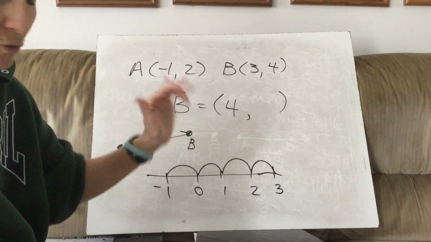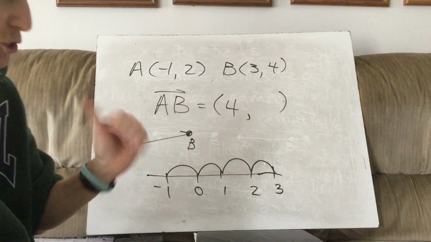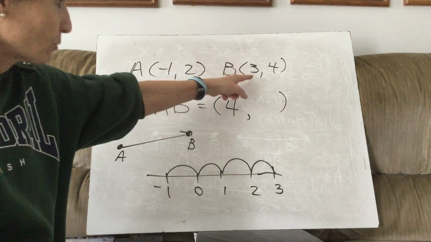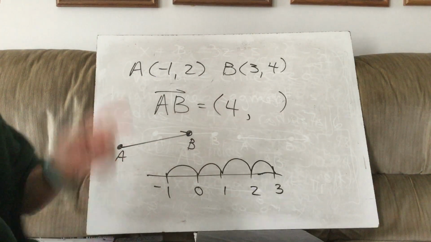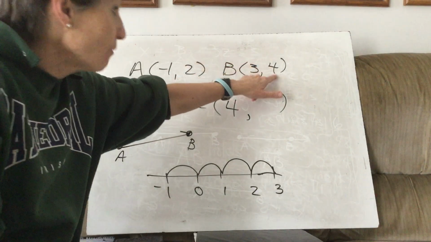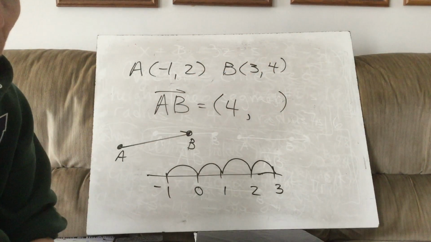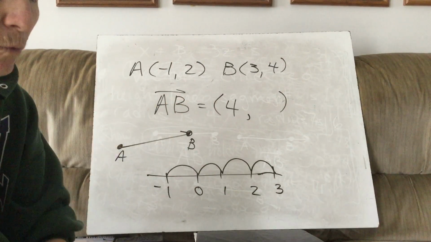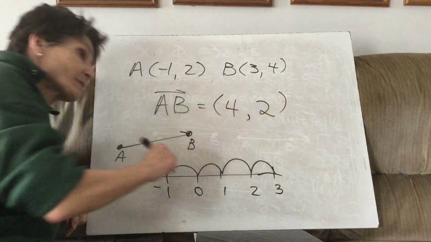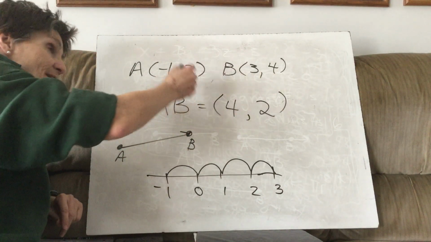Some of you are going to struggle with that, and that's fine, but you've got to be able to figure out that from -1 to 3 is 4 steps. And then do the same thing with the y's. From 2 to 4 is how many steps? If you start at 2 and go to 4, how many steps is that? It's 2. Again, if you just want to subtract, that's okay.